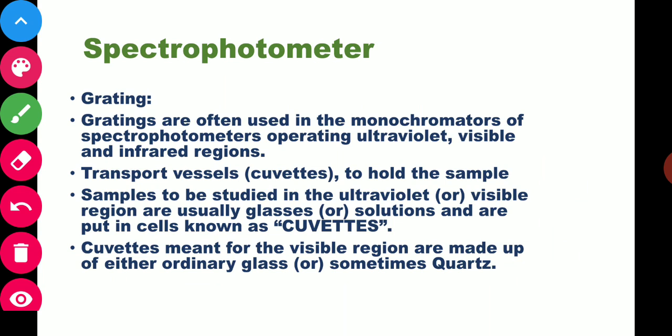Otherwise, we can use a prism for visible wavelength light, but a grating is generally used for ultraviolet and infrared as well as visible light.